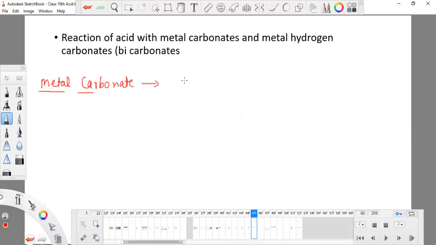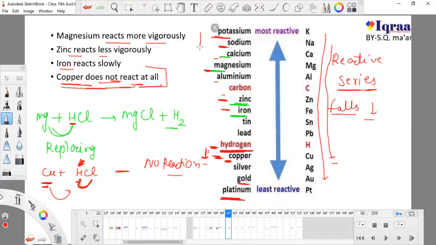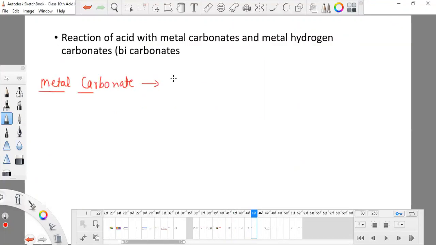Now, what is metal carbonate? Metal carbonate is any metal and carbonate. So I'm taking sodium here and carbonate is CO3. This is known as metal carbonate. Now, what is metal hydrogen carbonate?